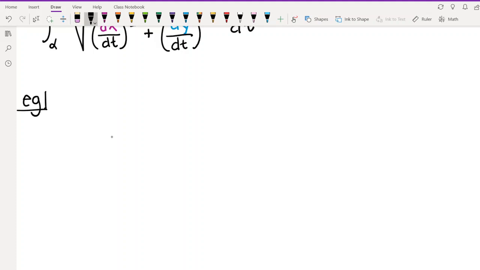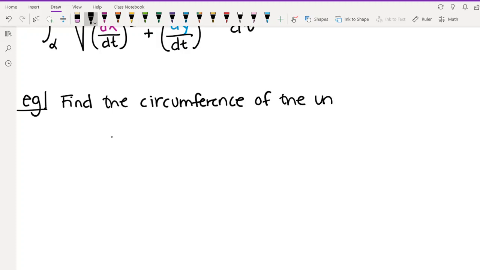But let's say we wanted to find the circumference of a circle. Let's see how this would work. Or I say specifically, let's say the unit circle. So first we need to figure out, what are our parametric equations and what are the bounds, right? What are alpha and beta?